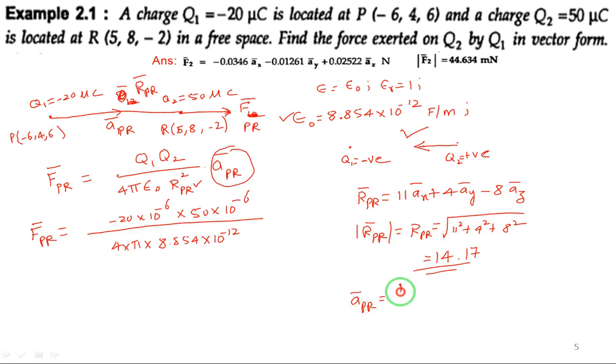APR is equal to the vector RPR divided by its magnitude of RPR. We'll substitute later on. First, RPR square: RPR is 14.17 whole square, into APR.